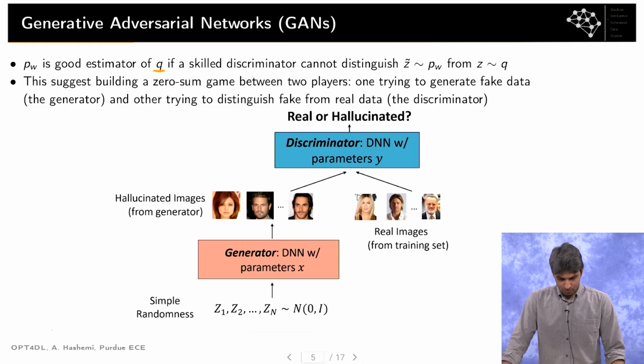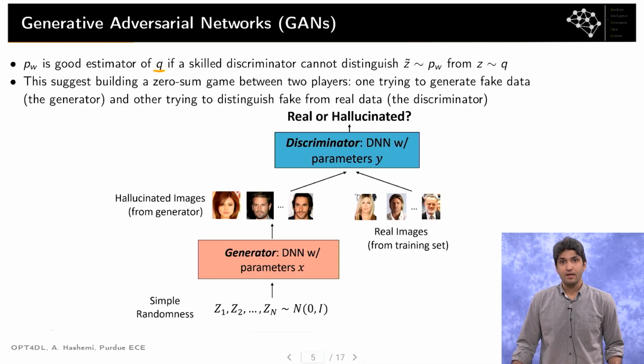The generator wants to fool the discriminator, and the discriminator aims to recognize whether a sample is generated by the generator or not. If we form a game between these two, for instance a zero-sum game, as we're going to see, then at equilibrium, hopefully, the samples generated by the generator are so good that the discriminator cannot tell whether they are real or fake.